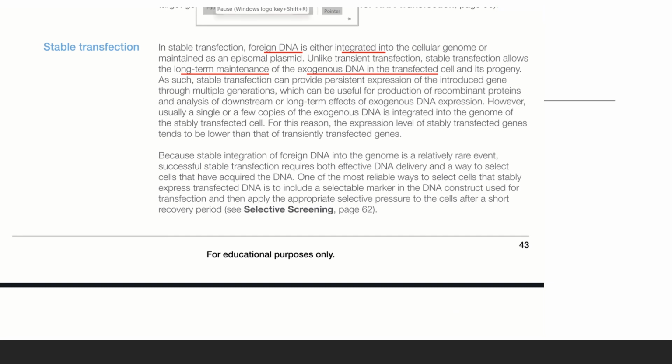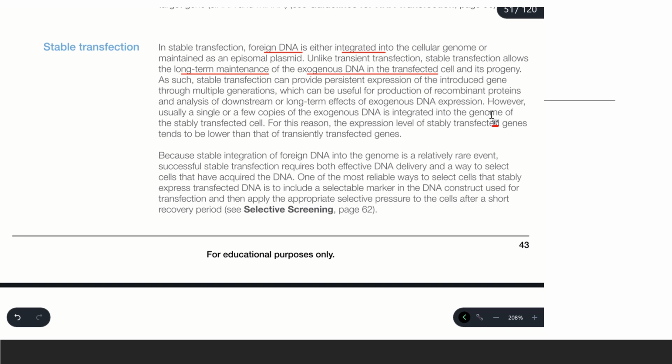So it is passed from generation to generation. Normally the efficiency isn't that high for a stable transfection. It says that you normally get a single or a few copies of the exogenous DNA that is integrated into the genome.